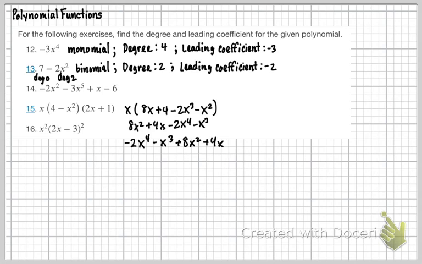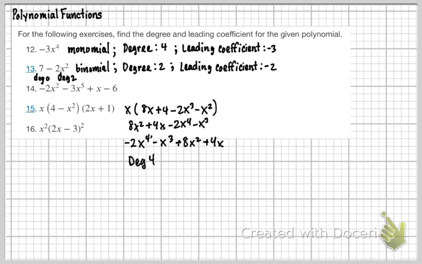So now the leading coefficient for this one would be this term here, because when I look at the other ones, that's a degree 3, that's a degree 2, and that's a degree 1. Since I don't see anything there, it's understood to be a 1 as an exponent. And this is 4, so degree 4 is the largest. So I would say for this one, it's degree 4, because that's the largest degree term.